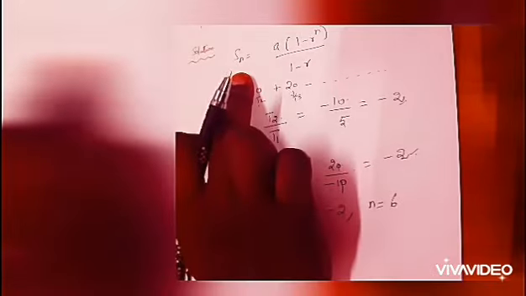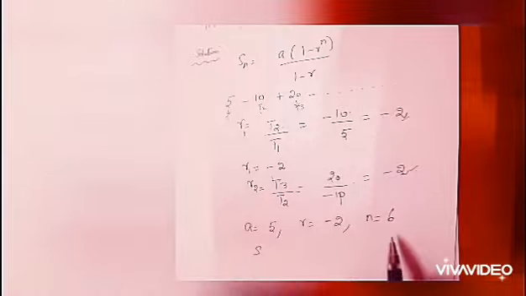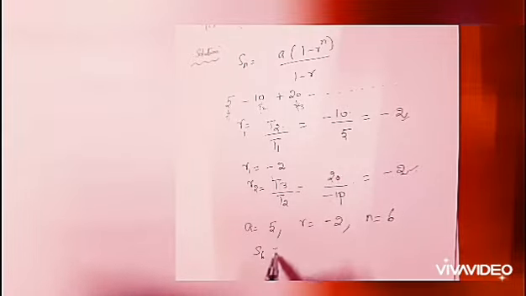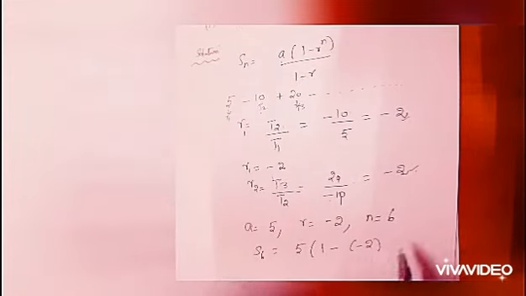So now we are going to substitute in this formula. S6 is equal to, A is 5, times 1 minus R. What is R actually? Negative 2, the whole raised to the power n. n is 6.